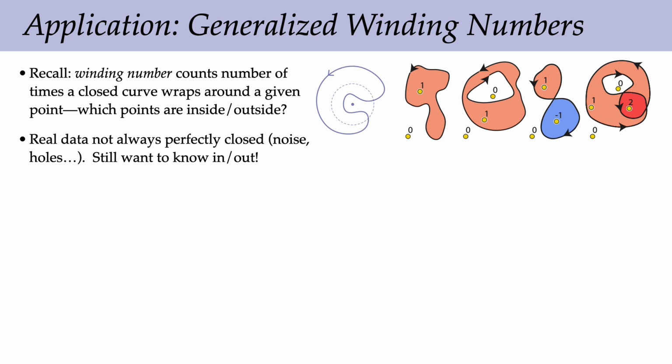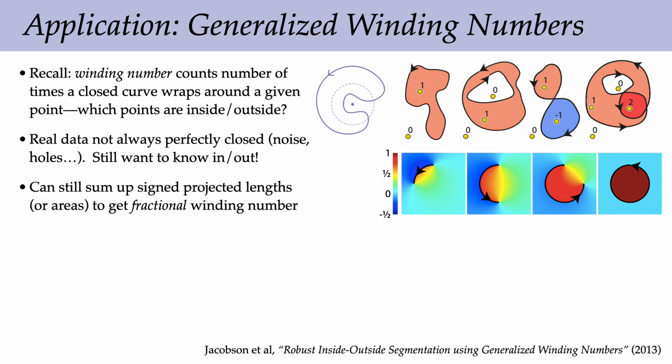So what we can do, because we understand the definition of the winding number pretty deeply, is we can say, okay, well, the definition said I just want to integrate or sum up the projected length of the curve onto a circle. And that's something I can still do even if the curve is not closed. I can still go ahead and compute that signed length.